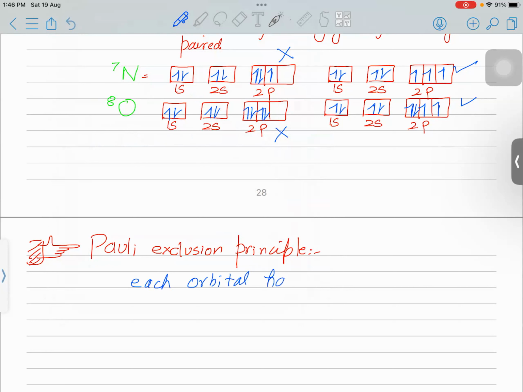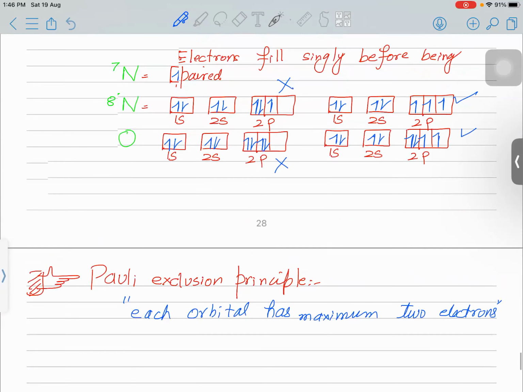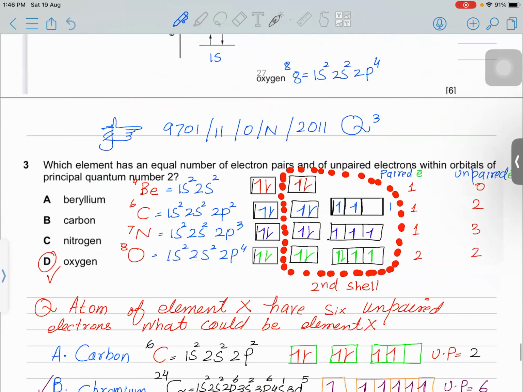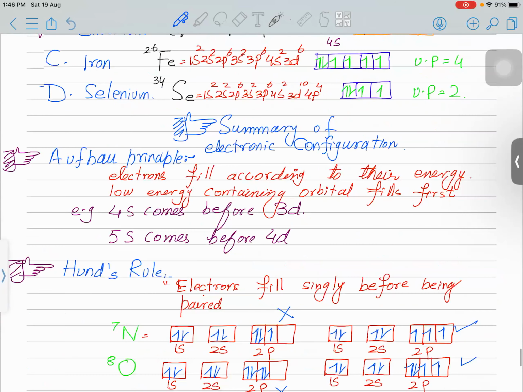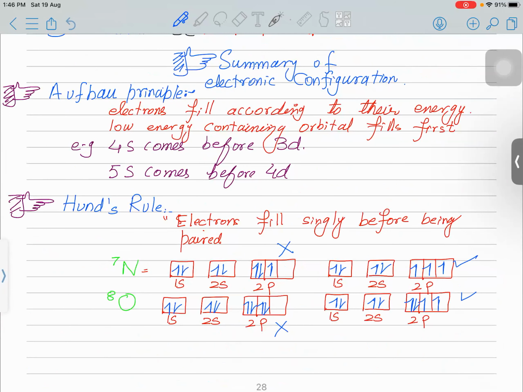Each orbital has a maximum of two electrons. This is Pauli exclusion. Do you have any question regarding the summary of the electronic configuration? No, sir, I got everything.